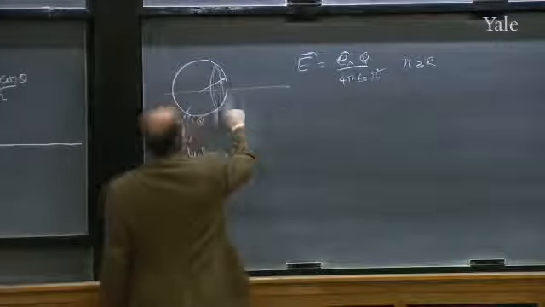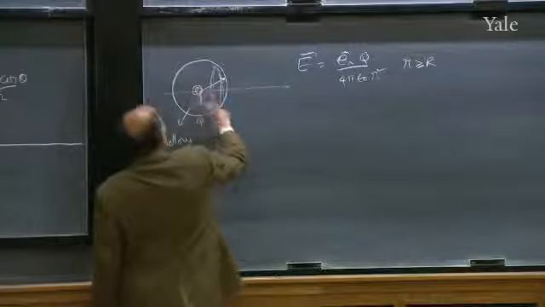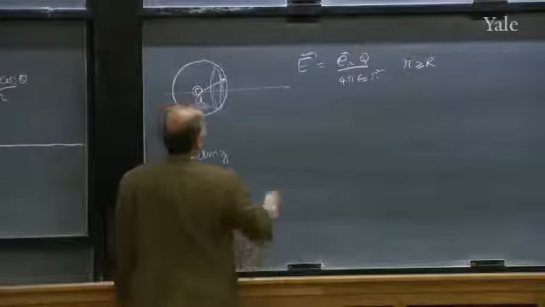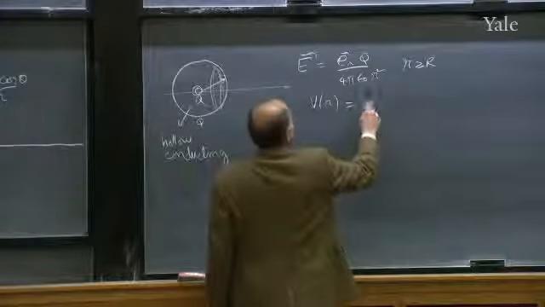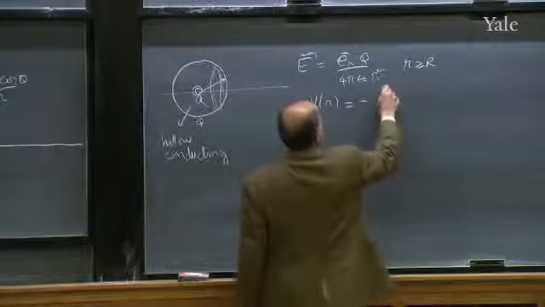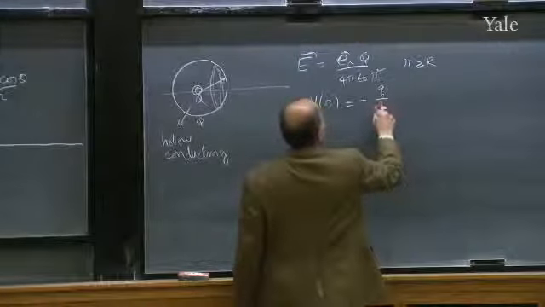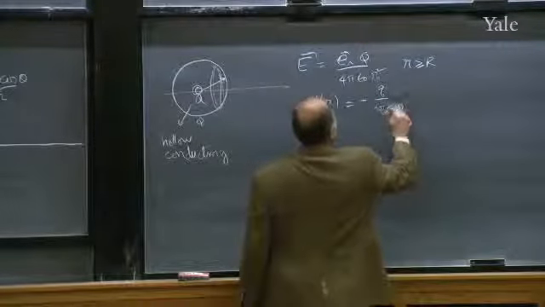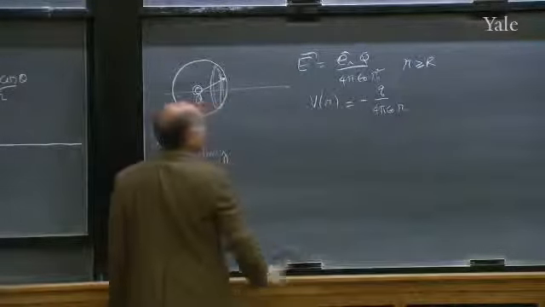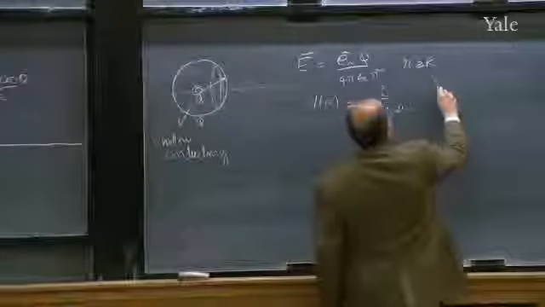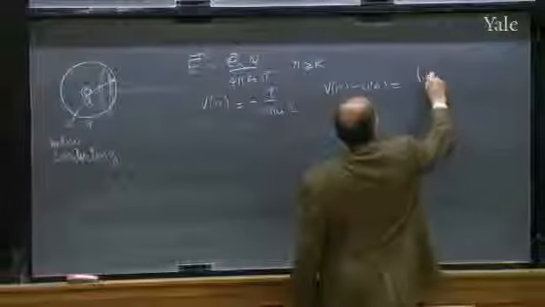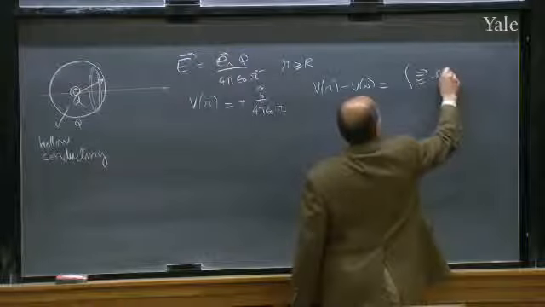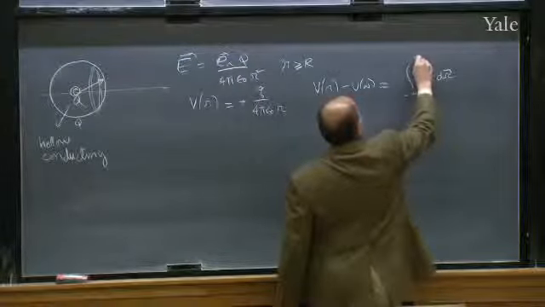So as long as you're outside the sphere, it's as if Q were sitting at the origin, and the potential, V of r, which is plus Q over 4 pi epsilon 0 r, outside that sphere, because remember, V of r minus V of infinity is equal to minus the integral of E dot dr from infinity to r.